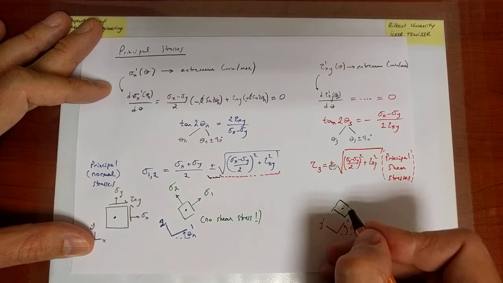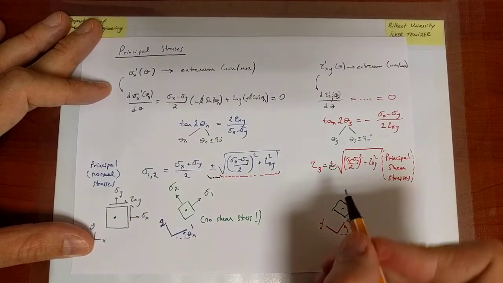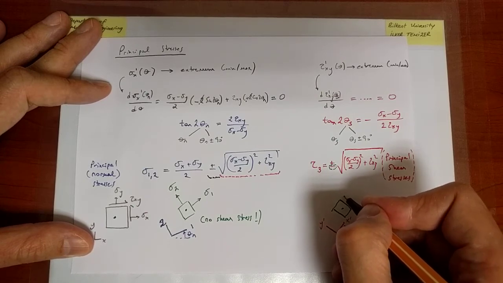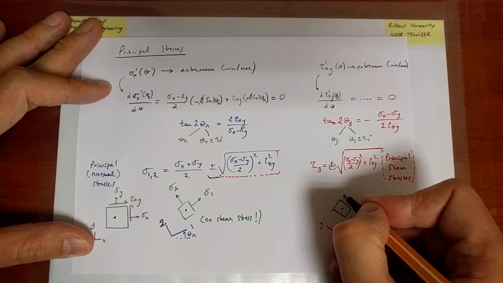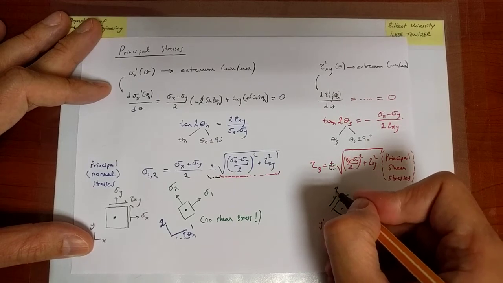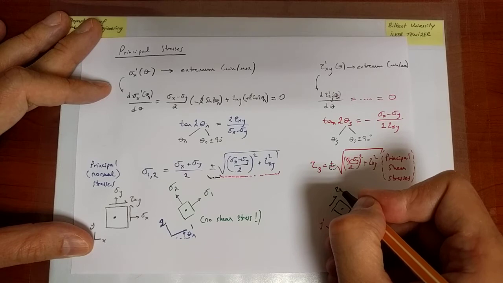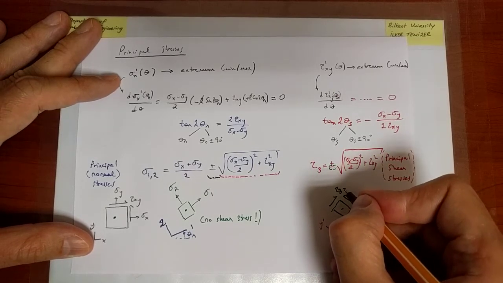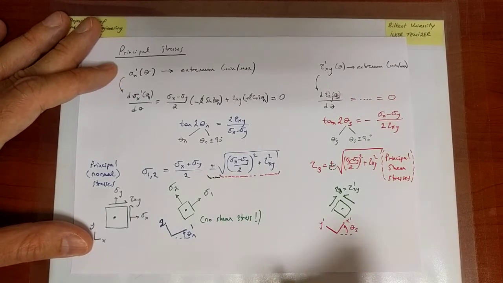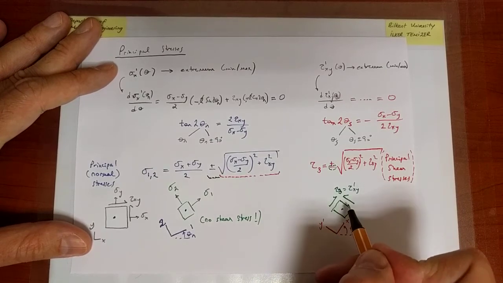And on that picture, I have a shear stress, which happens to be tau xy prime, which is equal to an extremum value, which is equal to tau 3, okay? So tau xy prime is equal to tau 3 because it's an extremum value, okay? Now, are there normal stresses here?